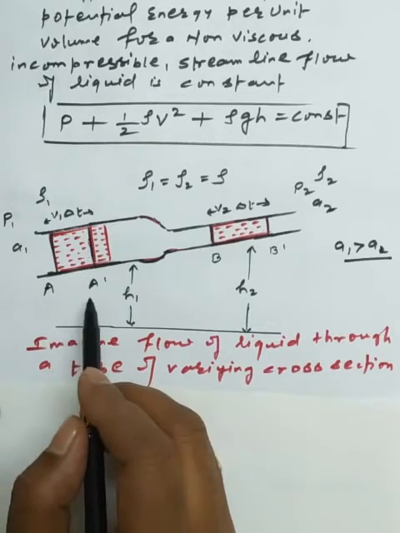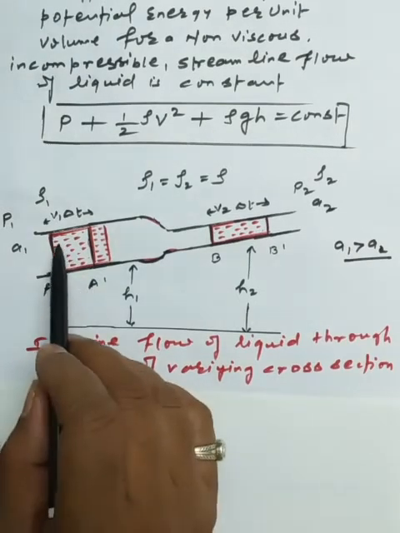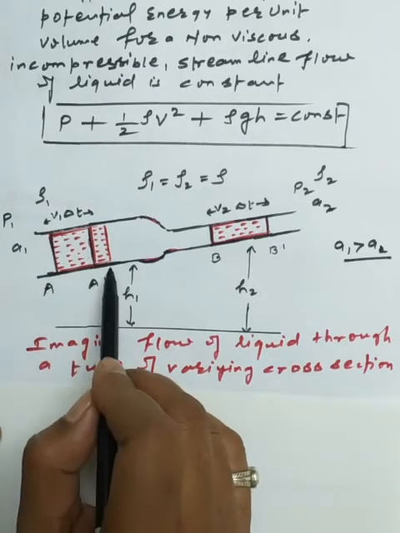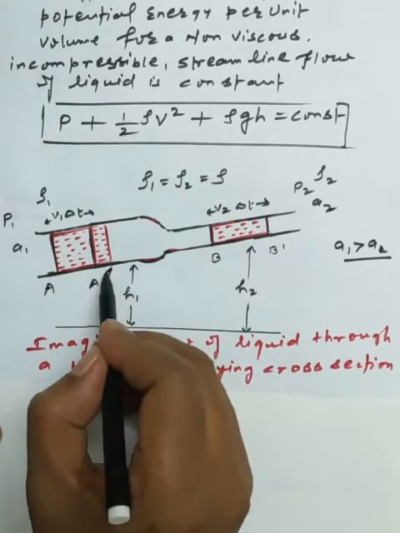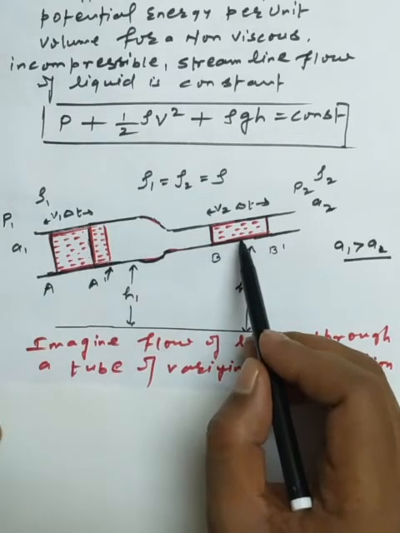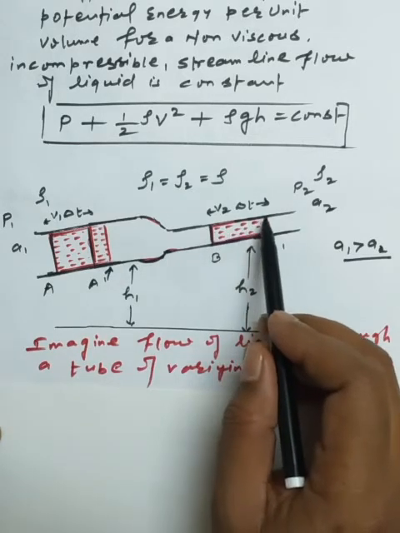So the section A to A dash we have. Within delta t time it covers the length with the velocity v1, that is A to A dash, that is v1 delta t, and in the same way, in the same delta t time, it covers the length v2 delta t.